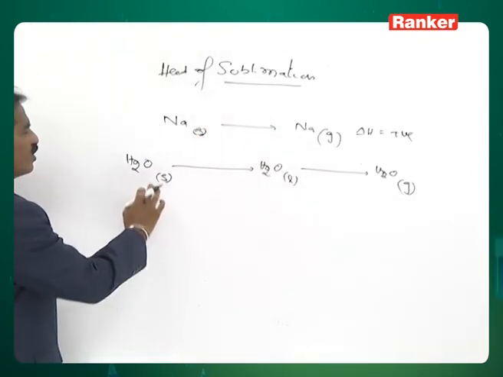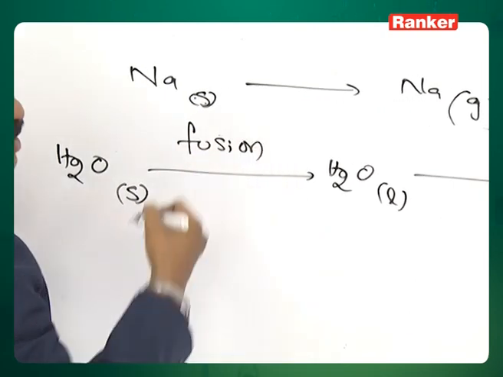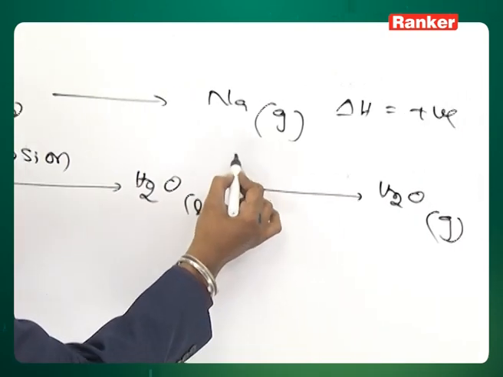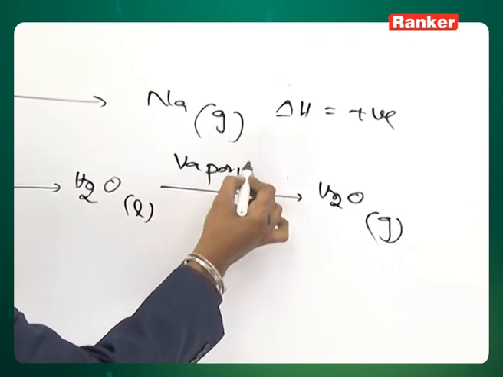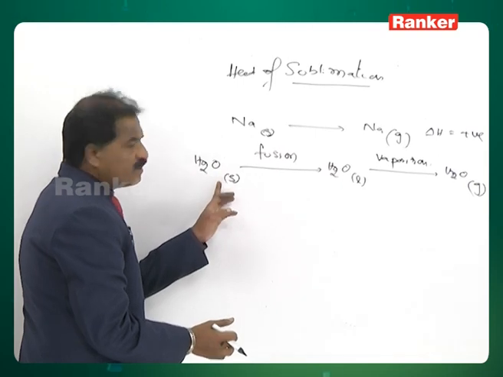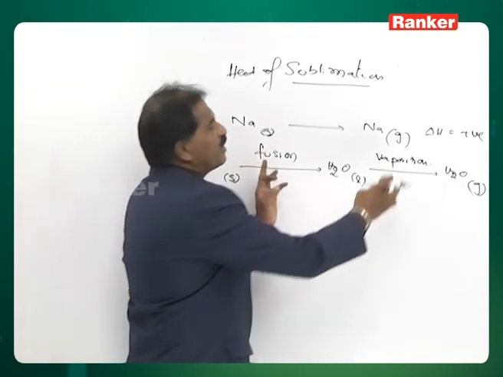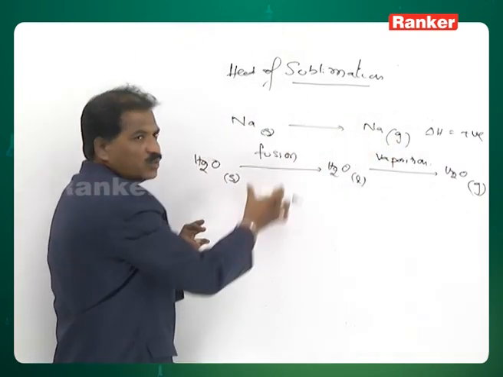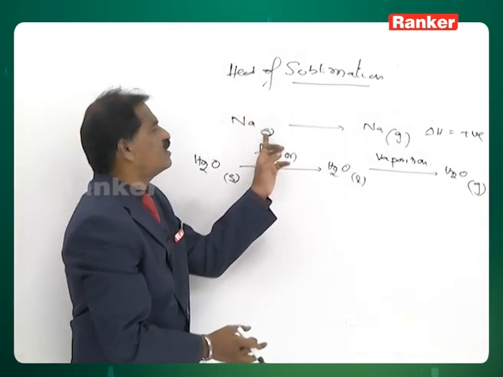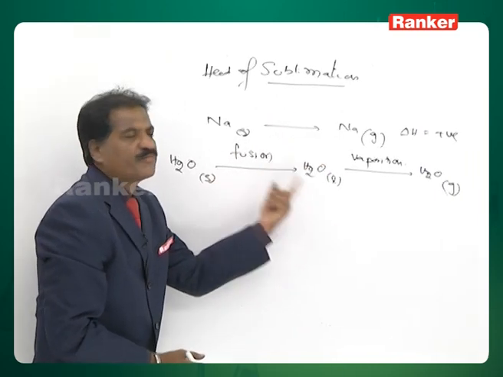This conversion from solid state to liquid state is called fusion. The conversion from liquid to gaseous state is called vaporization. You see, in this second chain, initially we have taken the solid, finally we got the gas. Here we have taken the solid, we got the gas. The difference between the two changes is, in a single step this solid has become gas. Here in two stages the solid has become gas.